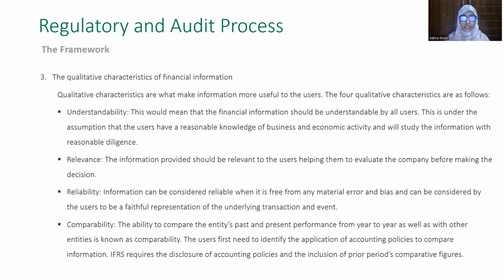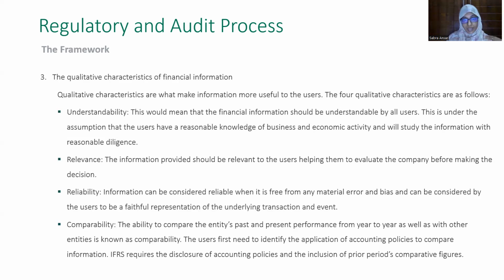Here they assume that the users have a reasonable knowledge related to the business or the economic activity, so they will be able to understand whatever we prepare, and the information can be studied properly by these people.